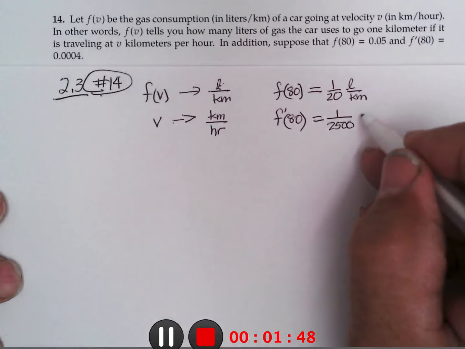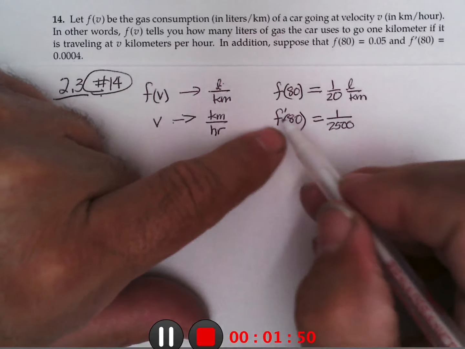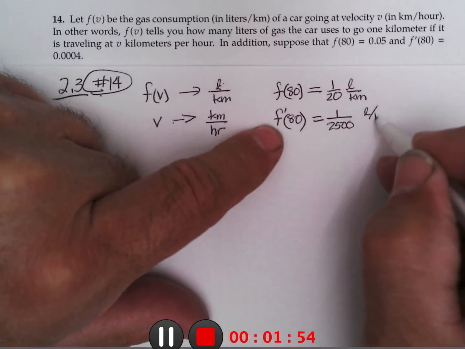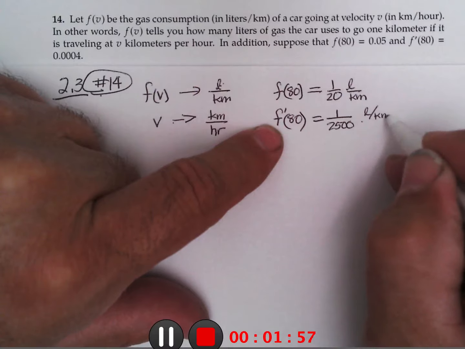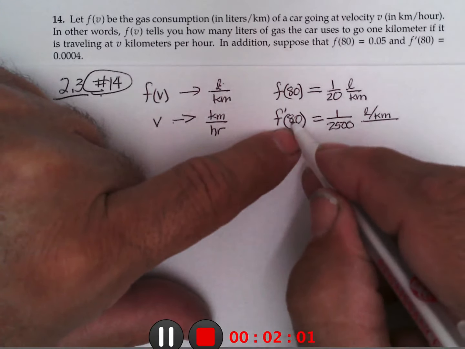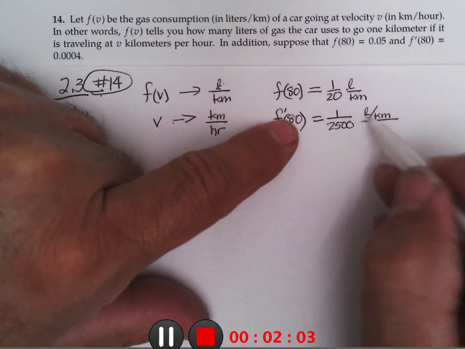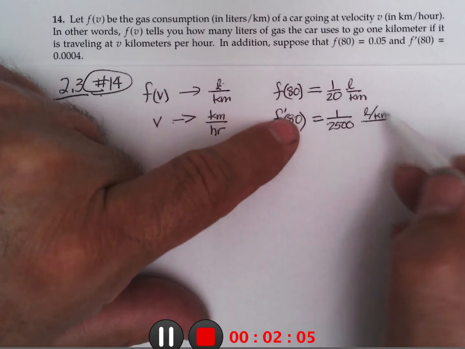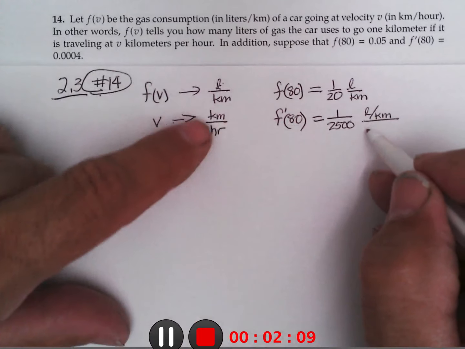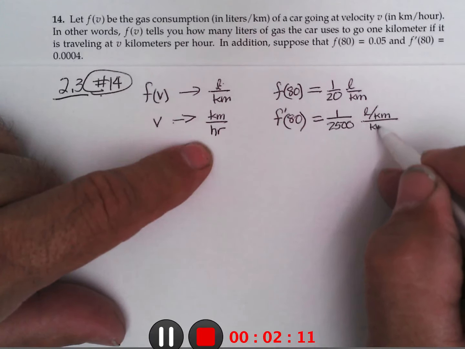It'll be the change in F, so liters per kilometer, per the change in the variable V, which is in kilometers per hour.